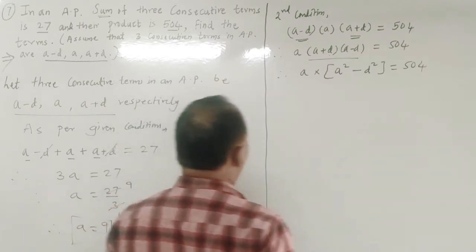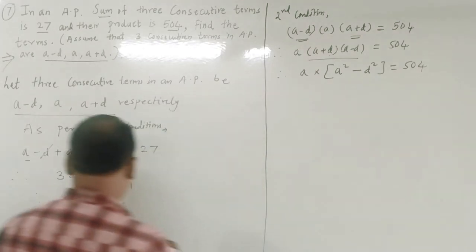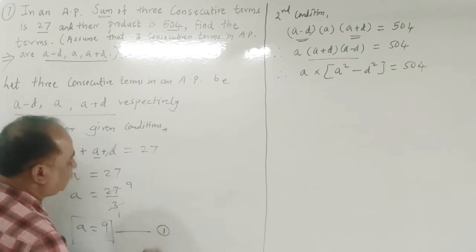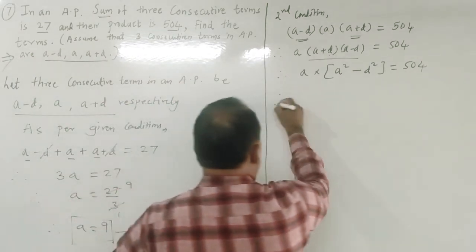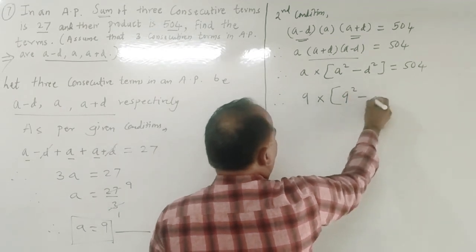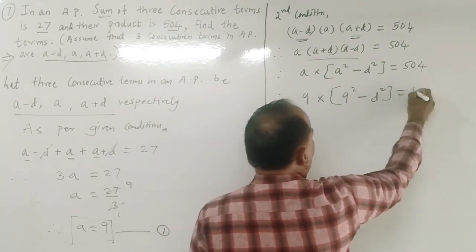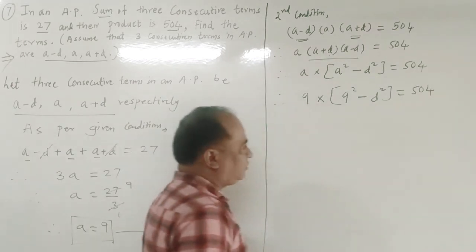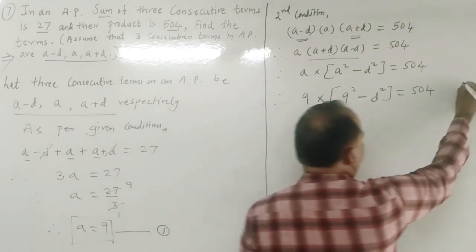Now here we have got the value of a. So number is 1 from 1, we get the value of a, therefore a is equal to 9 into (9 square minus d square) is equal to 504 from 1.